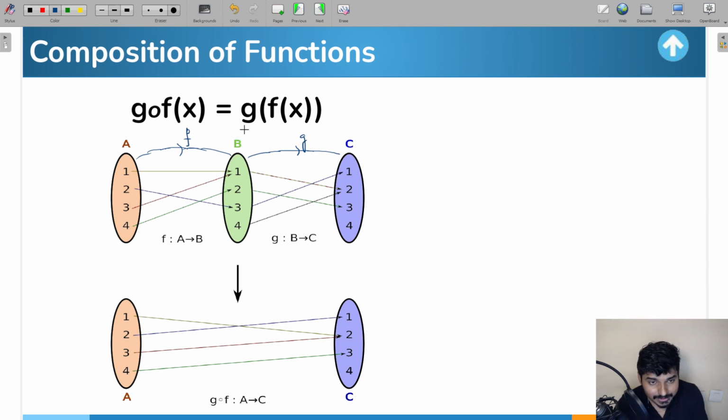You see, the set B is basically a common one between f and g.